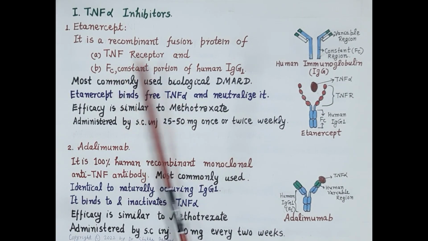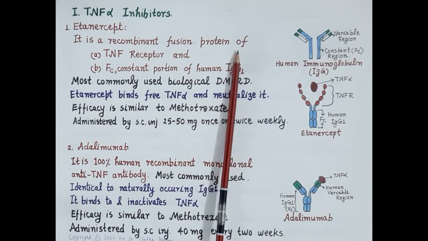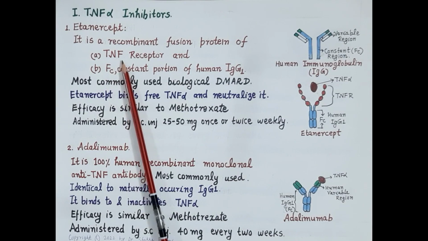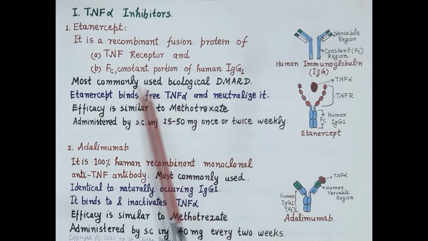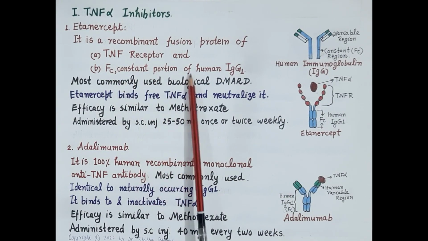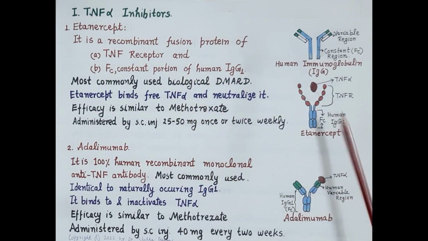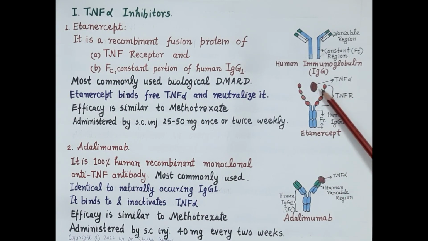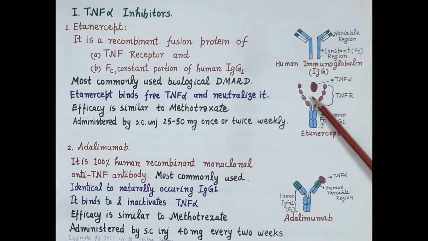So, etanercept is a recombinant fusion protein of two substances: one is the tumor necrotic factor receptor and the other is the FC, constant portion of human IgG. Etanercept binds to tumor necrotic factor alpha and inactivates it.